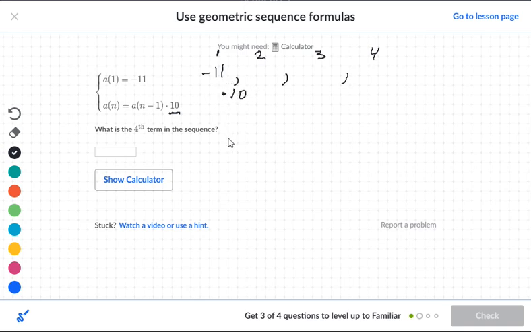So we're going to take a negative 11 times 10. That would be a negative 11 with a 0, so negative 110. Now I'm going to multiply this negative 110 by 10. So that's going to be a negative 11 followed by 2 zeros.